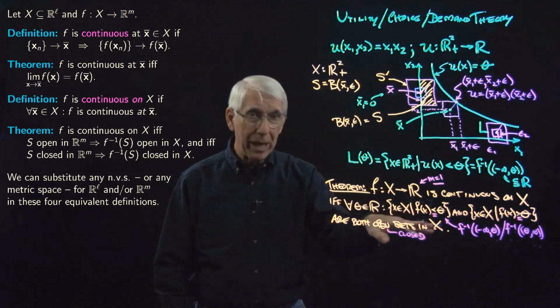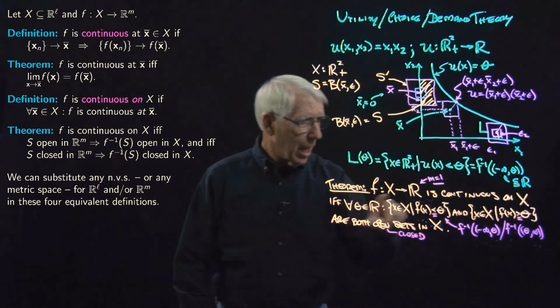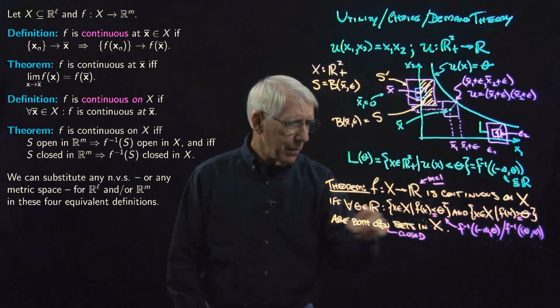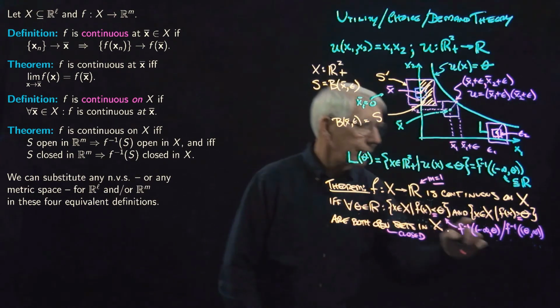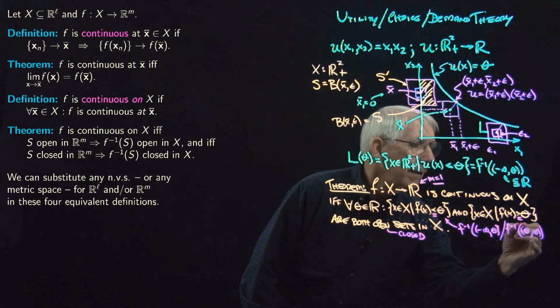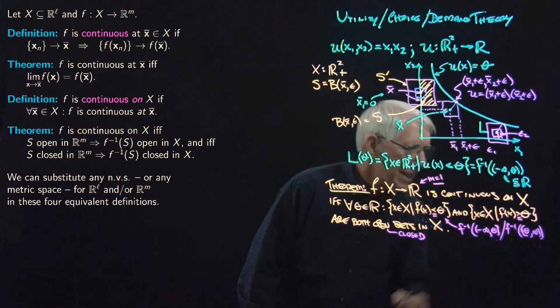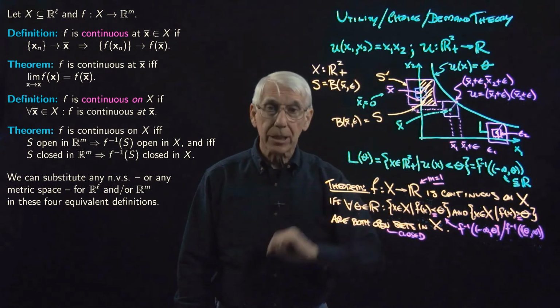So that's another theorem. I'm not going to write it all out, but that is that f is continuous on X if and only if the pre-image of that set and that set are closed sets in X.